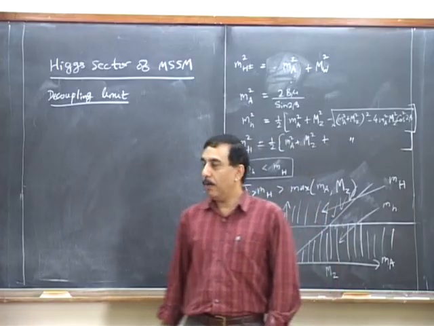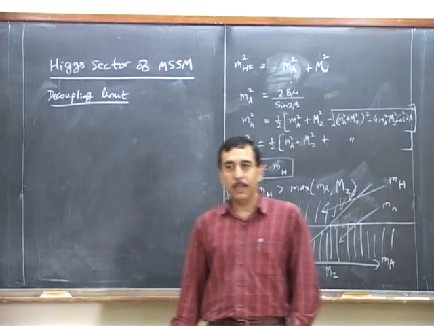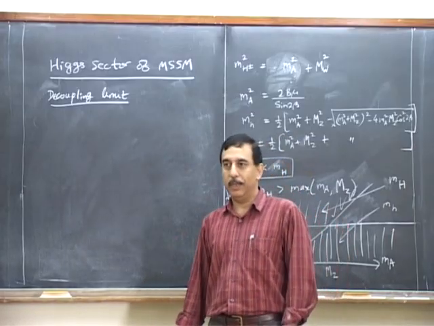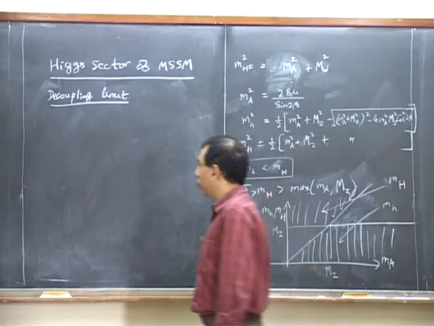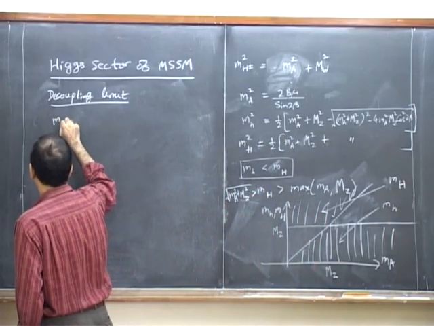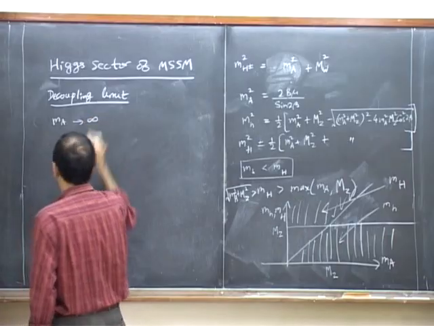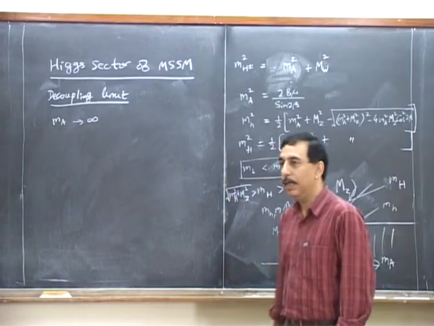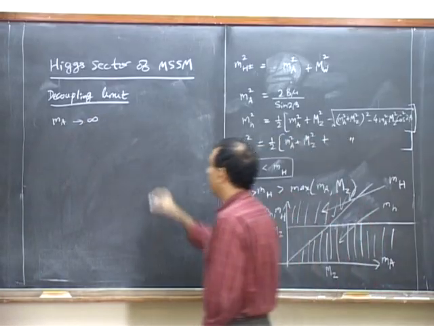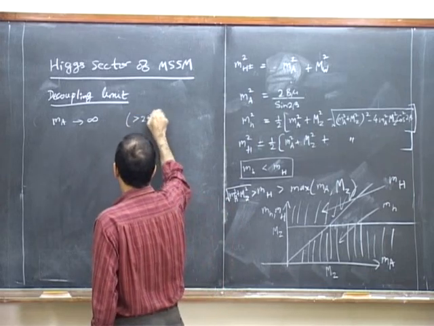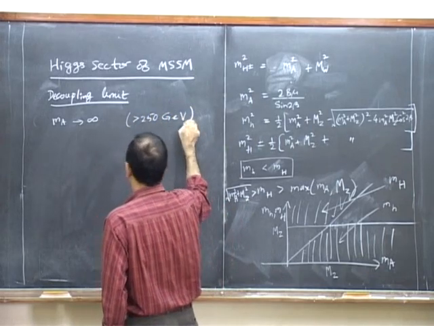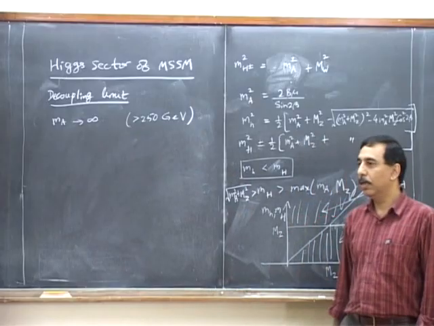Now, how can it do that? We have 5 Higgses, so obviously 4 have to become infinitely massive. But that's pretty easy to do because we saw that MA is the governing parameter, so let's send that to infinity. Of course, it never goes to infinity, but in practice, greater than 250 GeV will do this job.